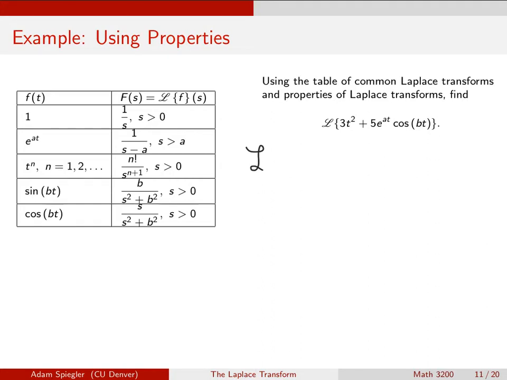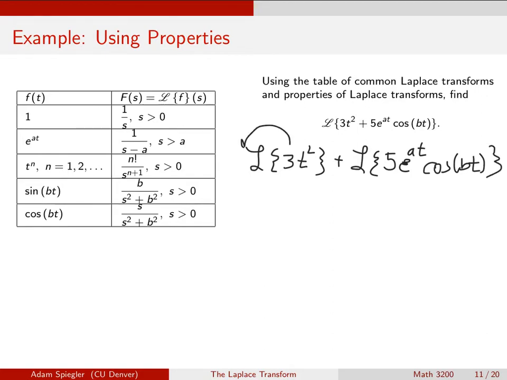which is going to allow us to say, first of all, we can break up the sum, and then we can pull out constants.